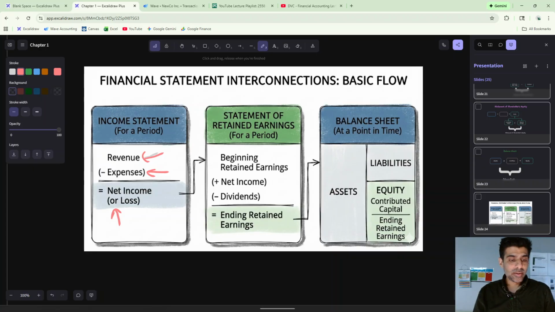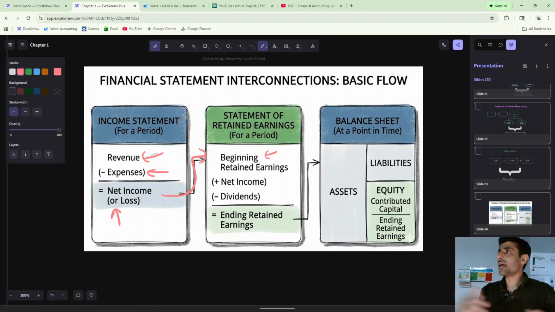Okay, now we have the net income flow into another financial statement. Okay, so I showed you Google's in the book in your homeworks for now. We have a very simple kind of financial statement called the statement of retained earnings, where we have all the retained earnings from all the prior periods, right?